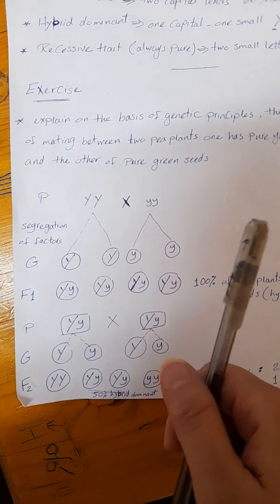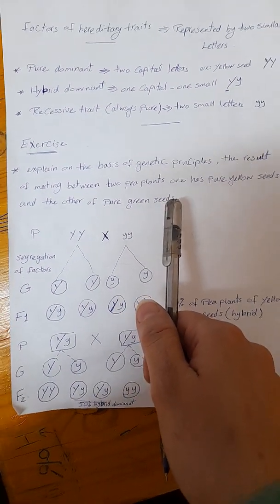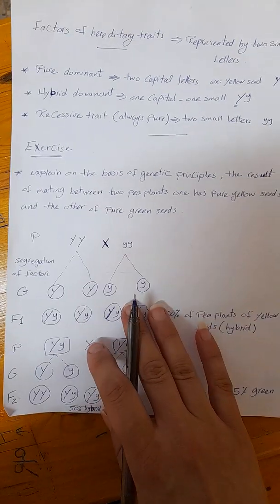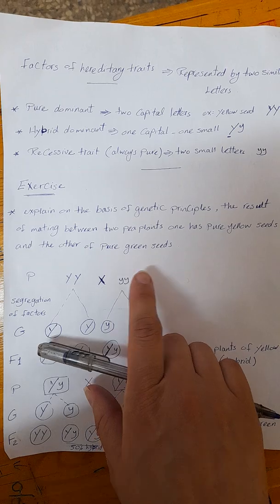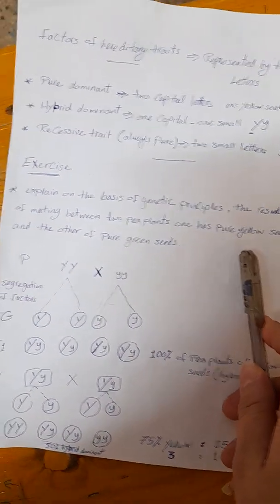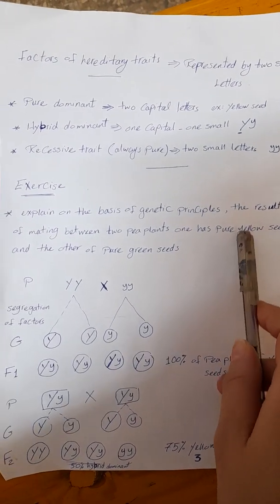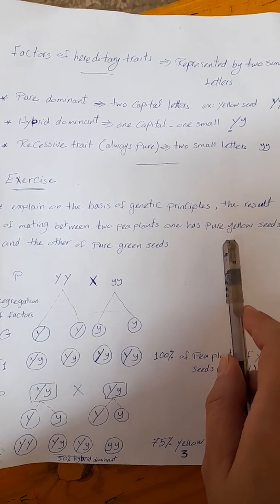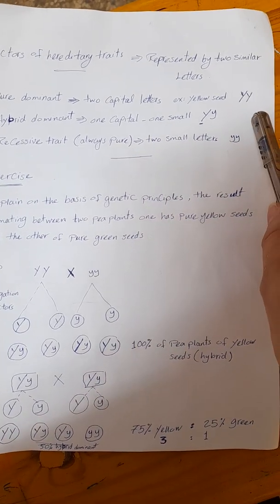For example, explain on the basis of genetic principles the result of mating between two pea plants. One has pure yellow seeds and the other has pure green seeds. The yellow color of seeds is a dominant trait, and if it is pure, it is represented by two capital letters, as we said before.